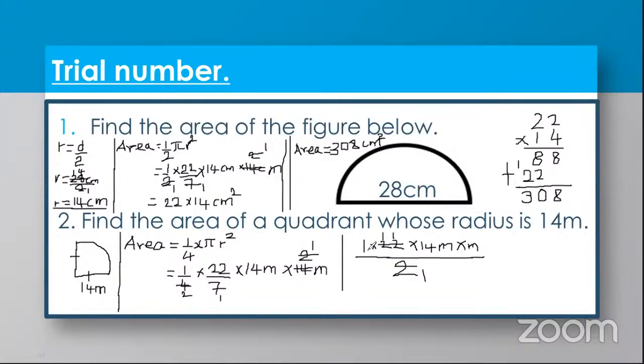You see? So 1 times 11, what do you get? 11. Then 11 times 14 meters squared, isn't it? Can you now multiply 11 times 14 so that we can get our answer here? Okay, let me write here and then we wrap. Yes, 11 times 14. What do we get here?